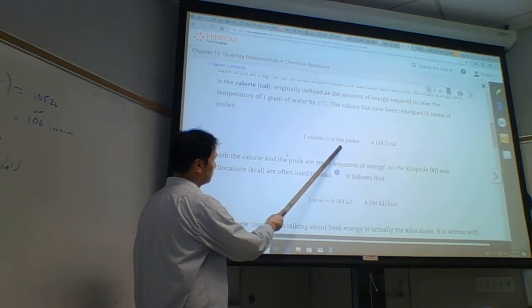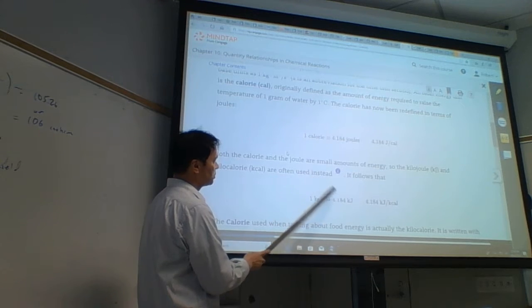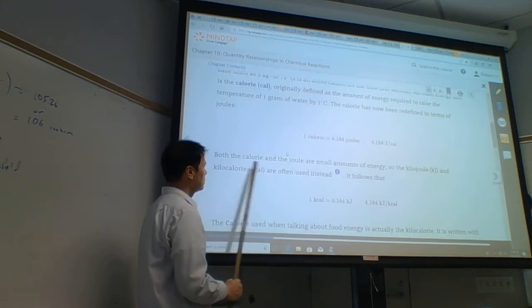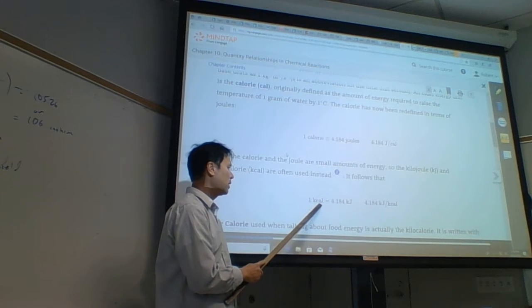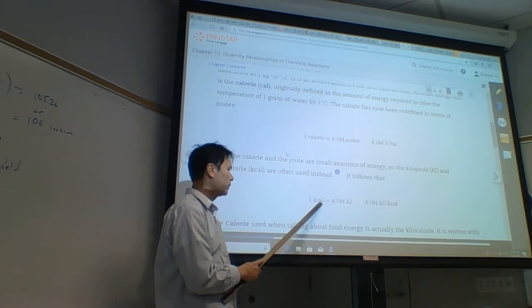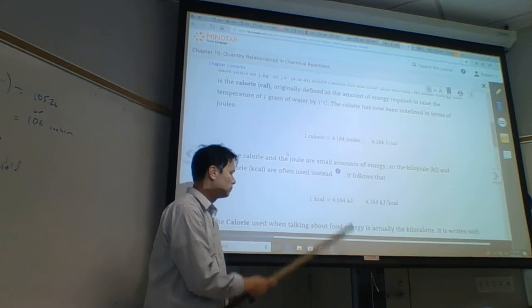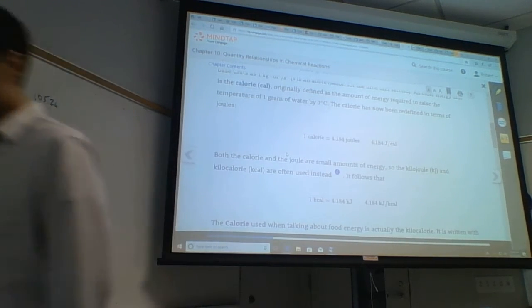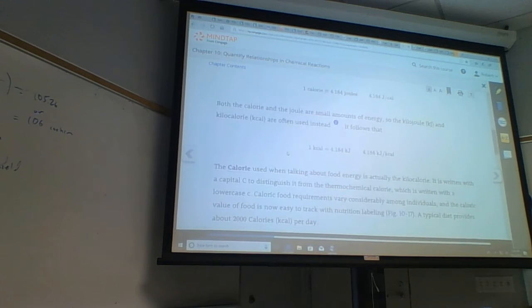Both the calorie and joule are small amounts of energy, so typically we use kilojoules and kilocalories instead. So 1 kcal is equivalent to 1 food Calorie, which is equivalent to 4.184 kilojoules. But we do that conversion later.